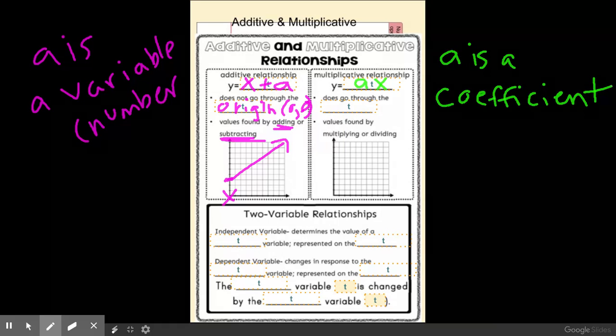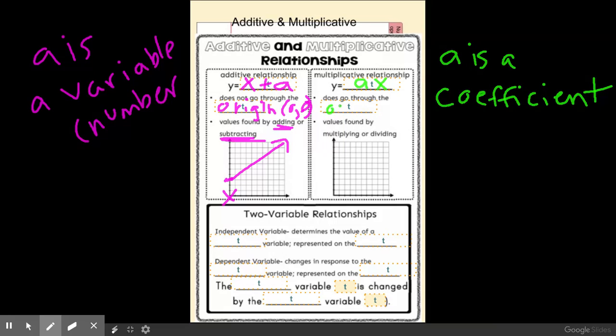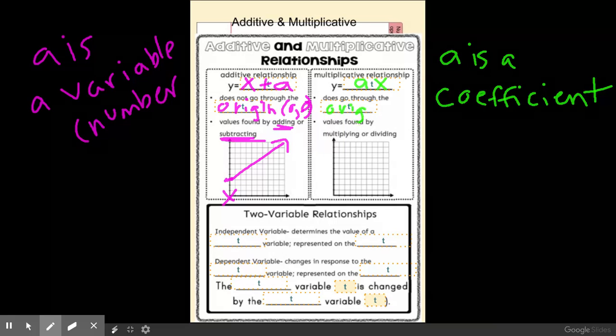If it is multiplicative, it does go through the origin. So it will always go through 0, 0. And these can be found by multiplying or dividing. So it is going to start down here this time, and it's going to go out at whatever angle, depending on what that number is.